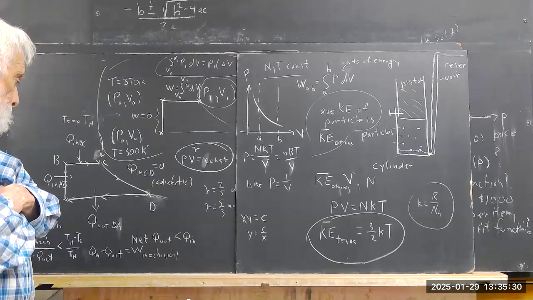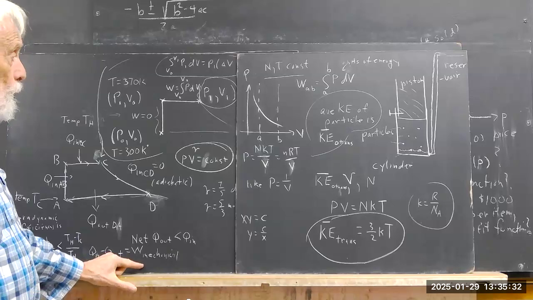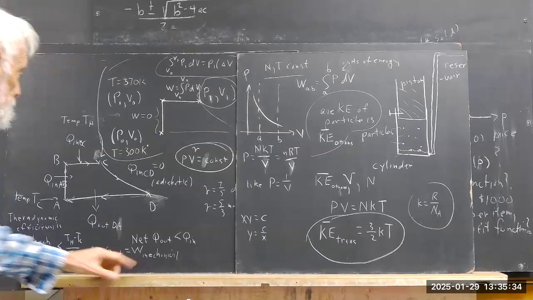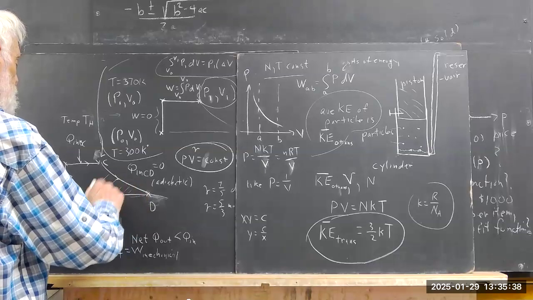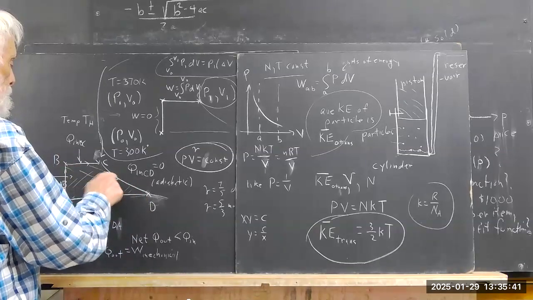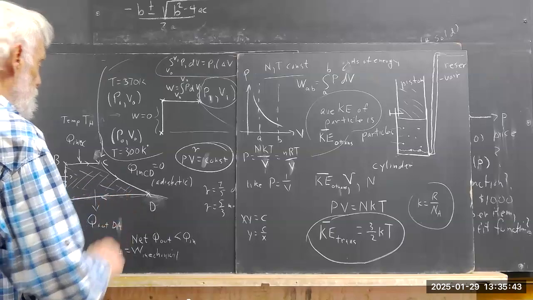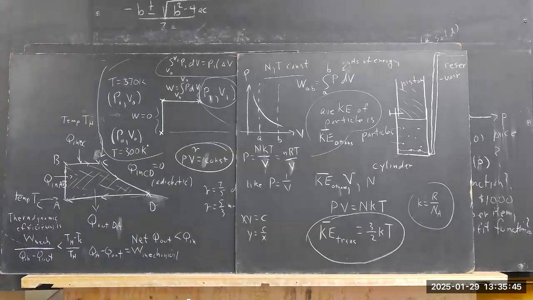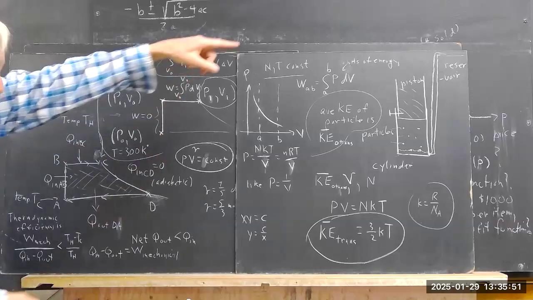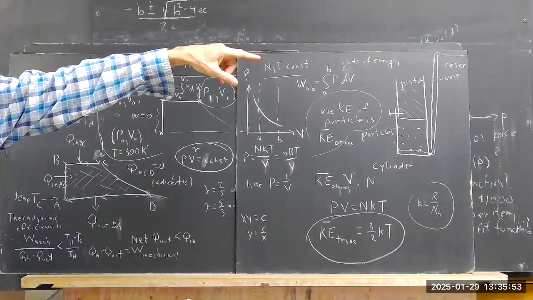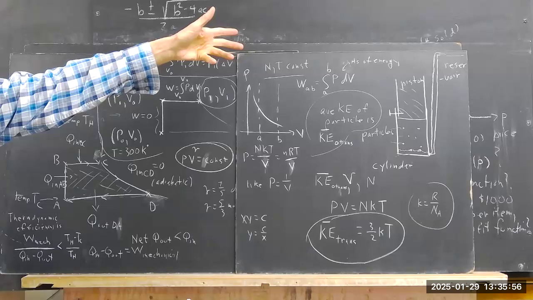The mechanical work is the total area here. The useful mechanical work is only this part of the area, because that's where you're raising the water or changing the mechanical energy, right?